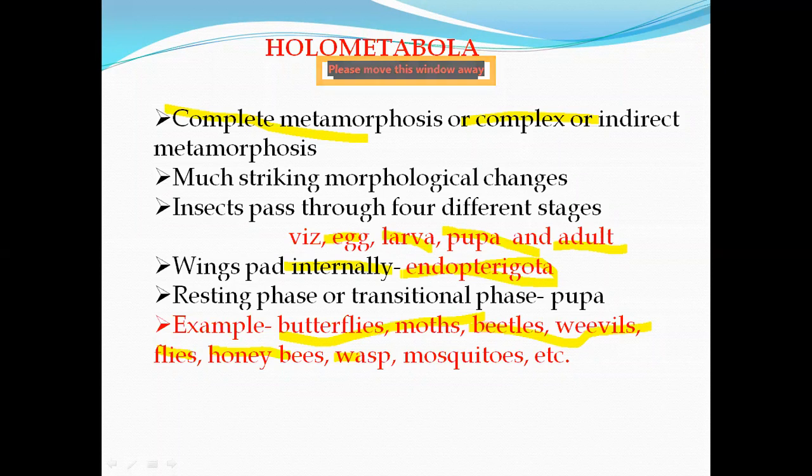Even here, in the holometabola, there is one resting stage, or resting phase or transitional phase, known as the pupa, where the differentiation of the body occurs in the pupal stage. This is complete metamorphosis, known as holometabola.